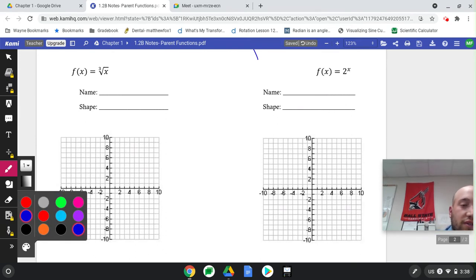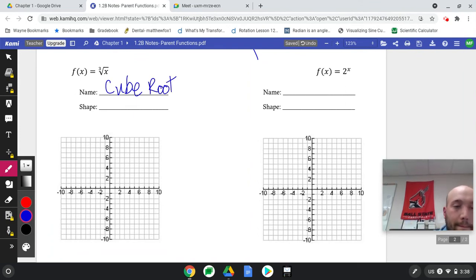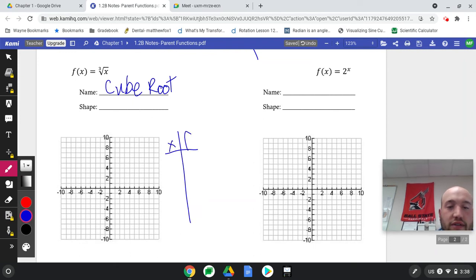Okay, this next one is known as a cube root or cubic root. So once again, you're plugging in the values that are nice. So 0, cube root of 0 is 0, cube root of 1 is 1, cube root of 2, that's going to be nasty. Let's use our perfect cube.